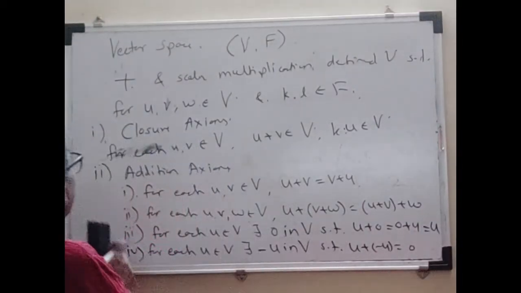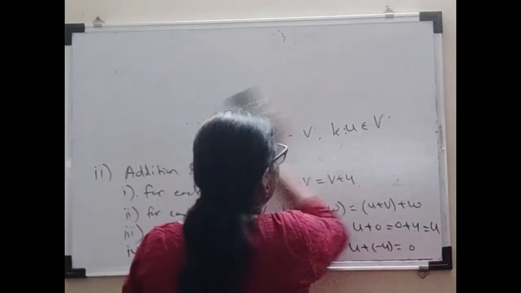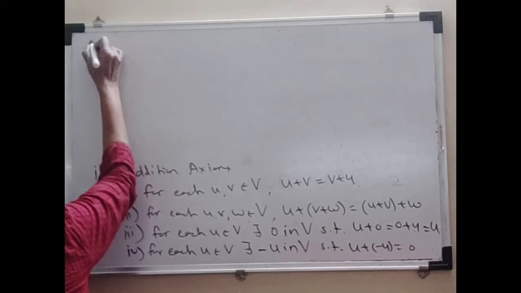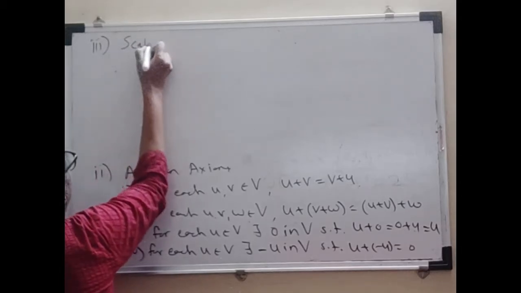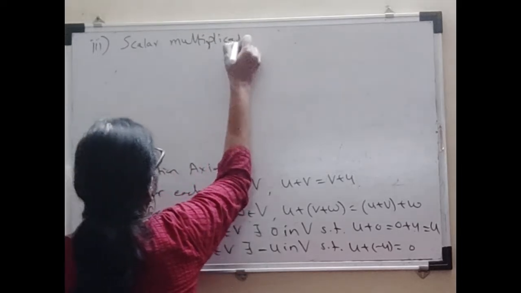Next one, the scalar multiplication axioms. It's nothing but the third part. So what are these scalar multiplication axioms?